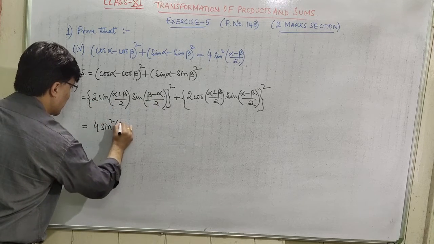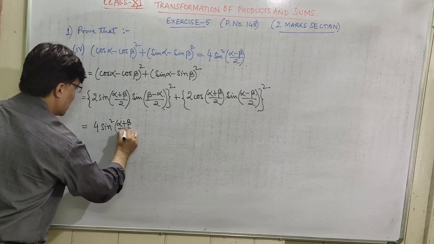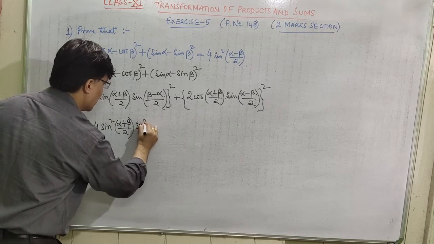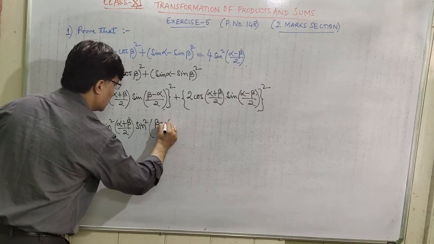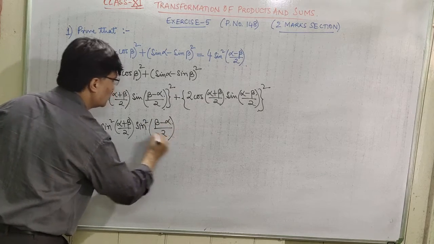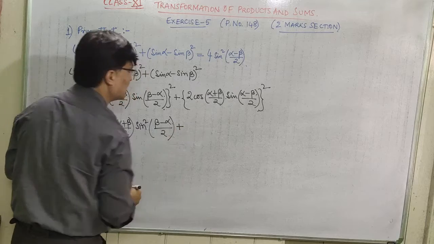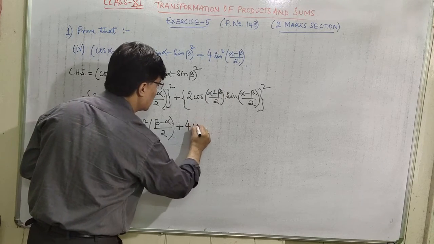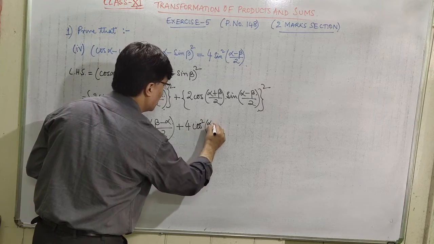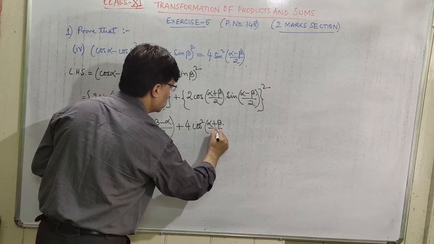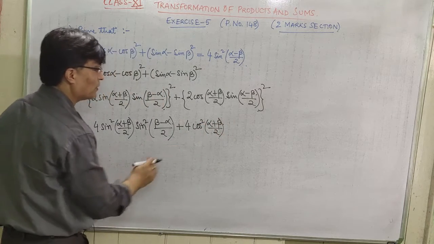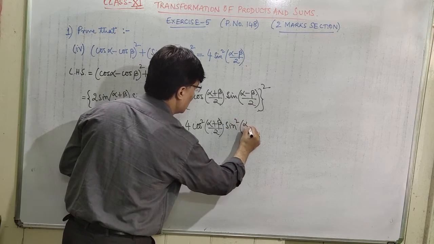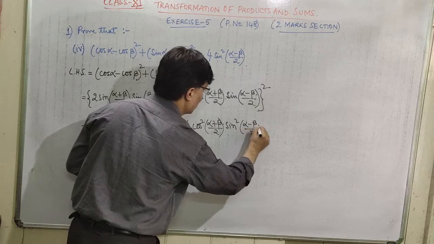This is sine square alpha plus beta by 2. Then it is sine square beta minus alpha by 2 plus, next, what is 2 whole square? That is your 4. Now this is cos square alpha plus beta by 2, right? And then this is sine square alpha minus beta by 2.